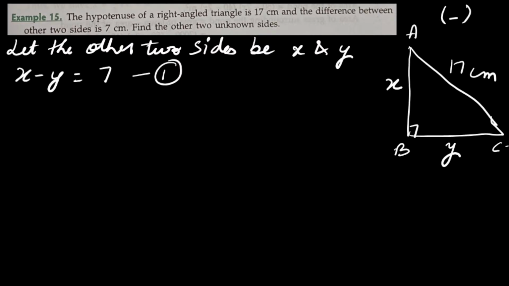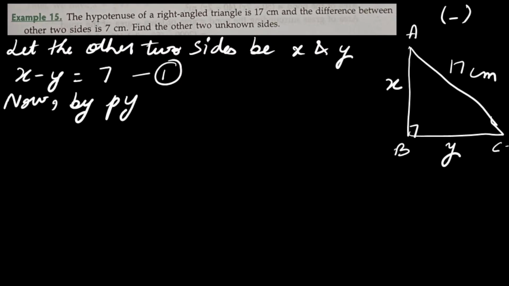Now, since it's a right angle triangle, in right angle triangle we can always make use of Pythagoras theorem to find the unknown sides. So here also, same thing we will do. These key points you have to remember: whenever right angle triangle is there, we can make use of Pythagoras theorem.